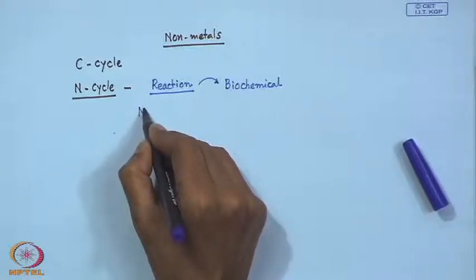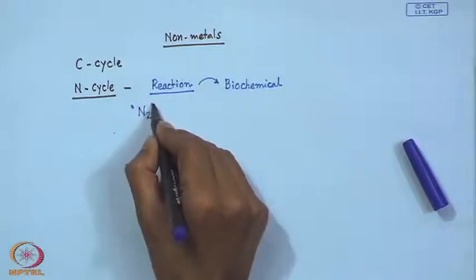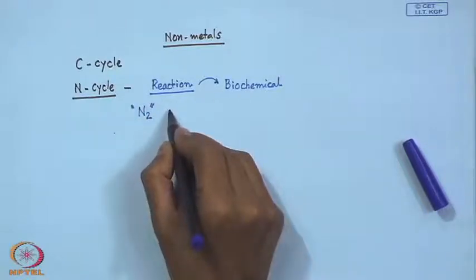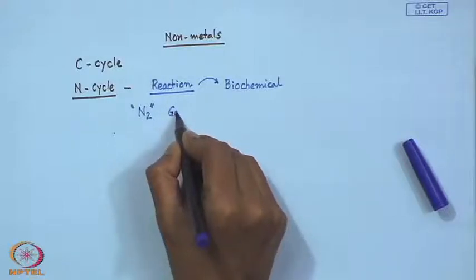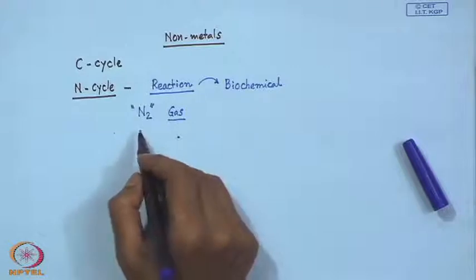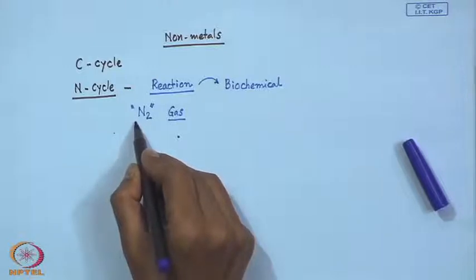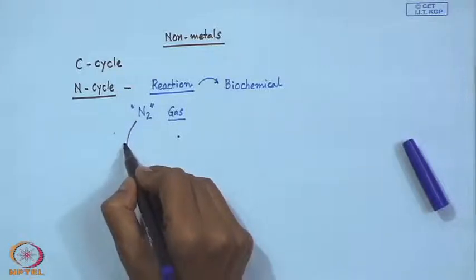It all starts from the typical species present in our atmosphere, dinitrogen in the gaseous form. How can we fix that molecular nitrogen, which is a very inert gas molecule and abundant in the atmosphere?